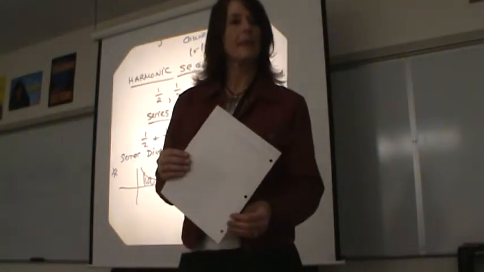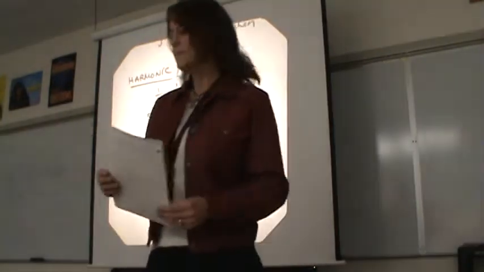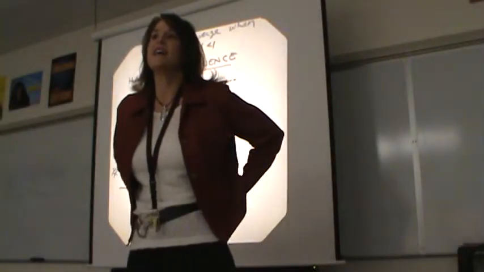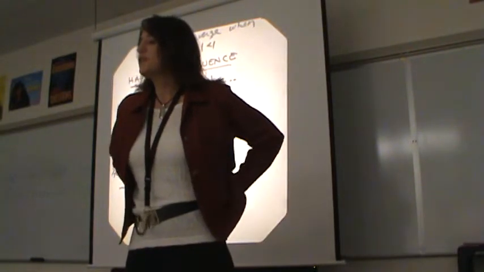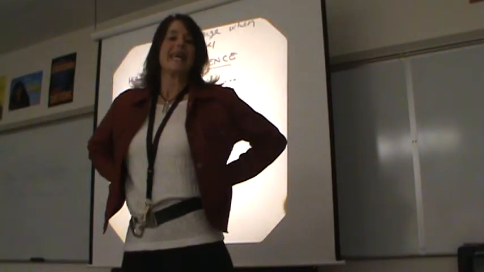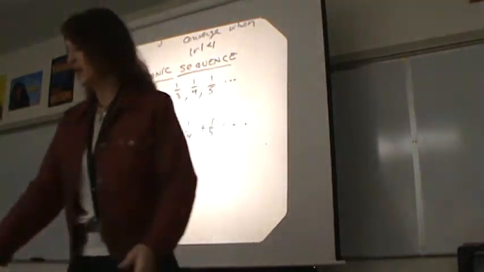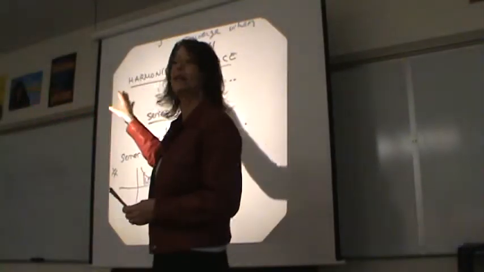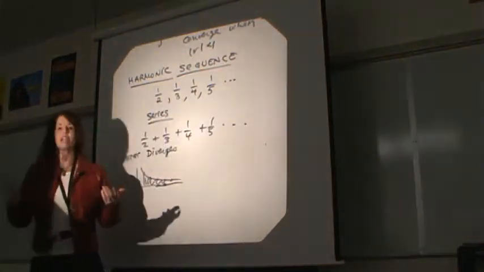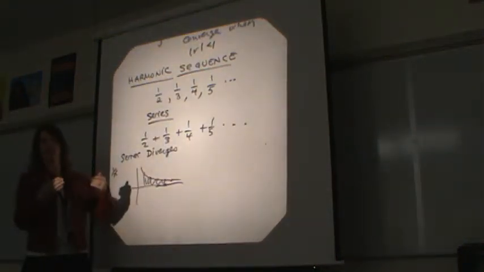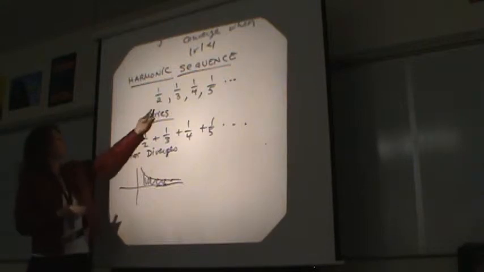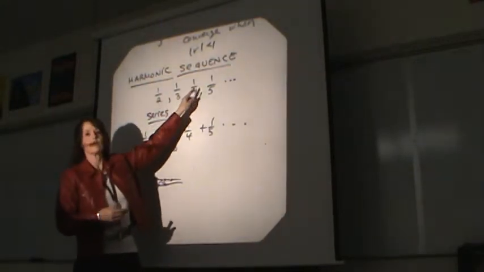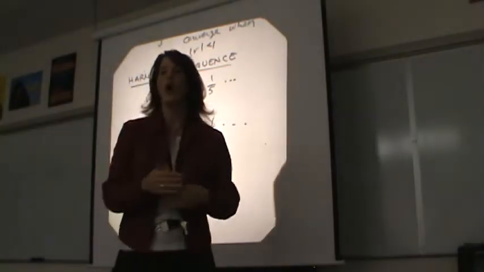Can you give another example of a harmonic sequence? A harmonic series is defined as any series where the denominators are an arithmetic sequence. This is the classic harmonic, but any time the denominator is an arithmetic sequence, like 1/4, 1/6, 1/8, 1/10, it would also be harmonic.